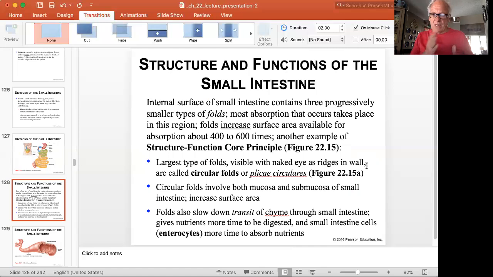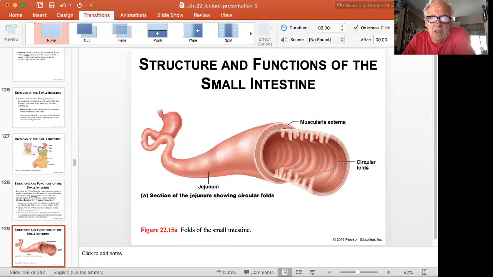They slow down the transit of chyme through the small intestine, so there's more time for absorption and digestion by the enterocytes. So the circular folds increase the surface area and slow down the chyme, so there's more time for breaking down and absorption of the material as it moves through the duodenum.